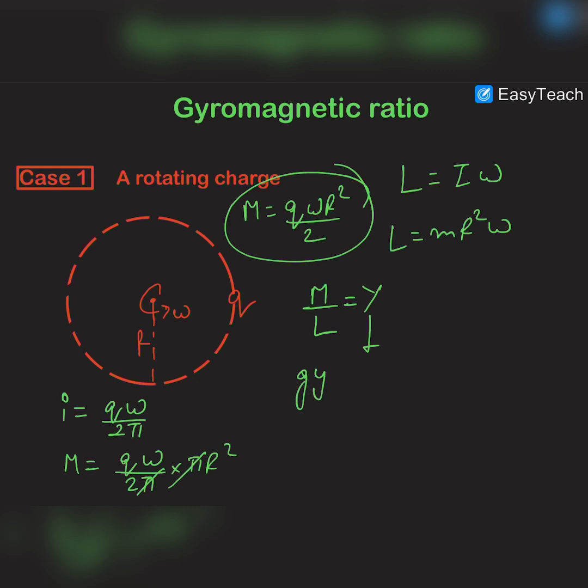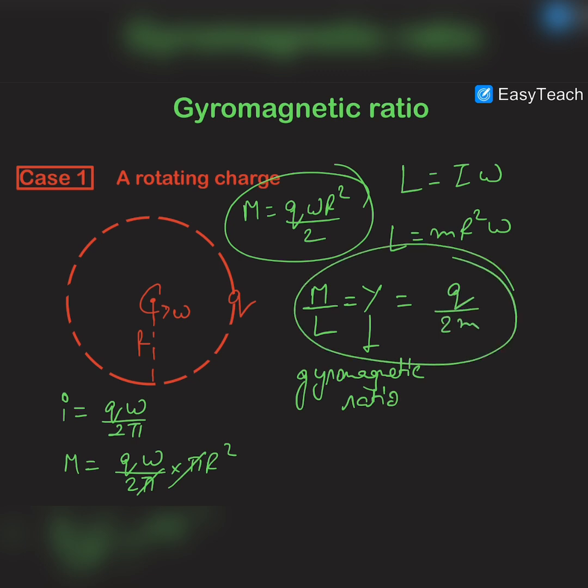If you divide these two terms, you can see that this ratio will be equal to q by 2m.